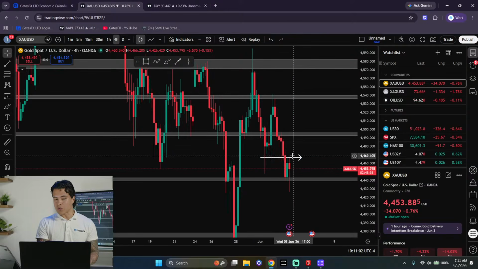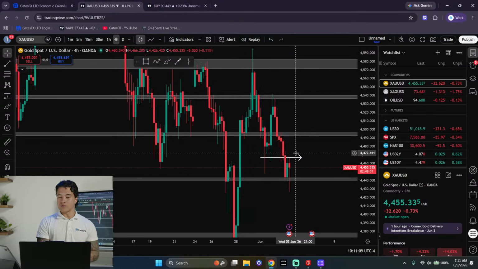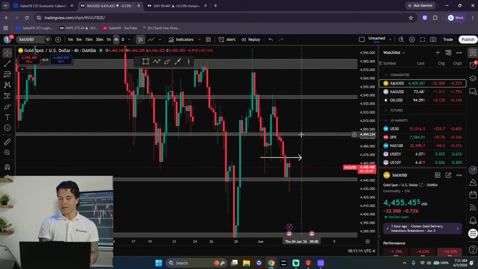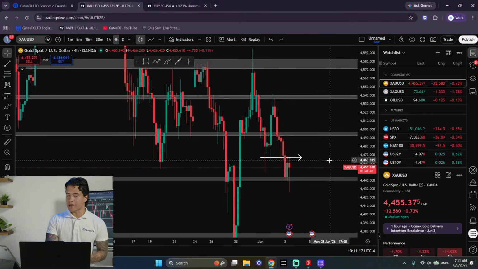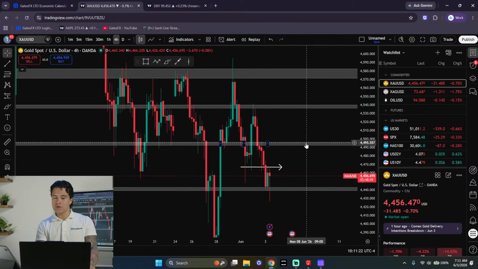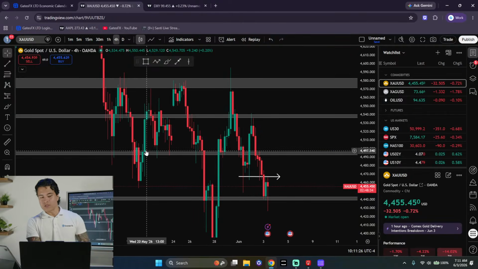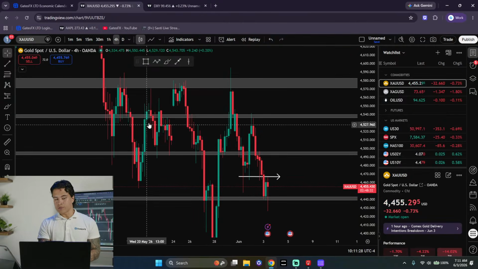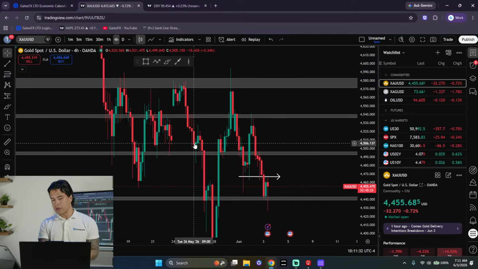Because if we break above this wick high, that means we have rejections off the lows and breaks of previous wick highs that can build momentum and push price higher, possibly back into these 4,495s, where I would still be on the lookout for sells below that area. 4,500 really still remains the zone of interest, where if we're trading and closing above that area, then as we've seen in the past, watch out for deeper moves to the upside, as you see here, here, and here.